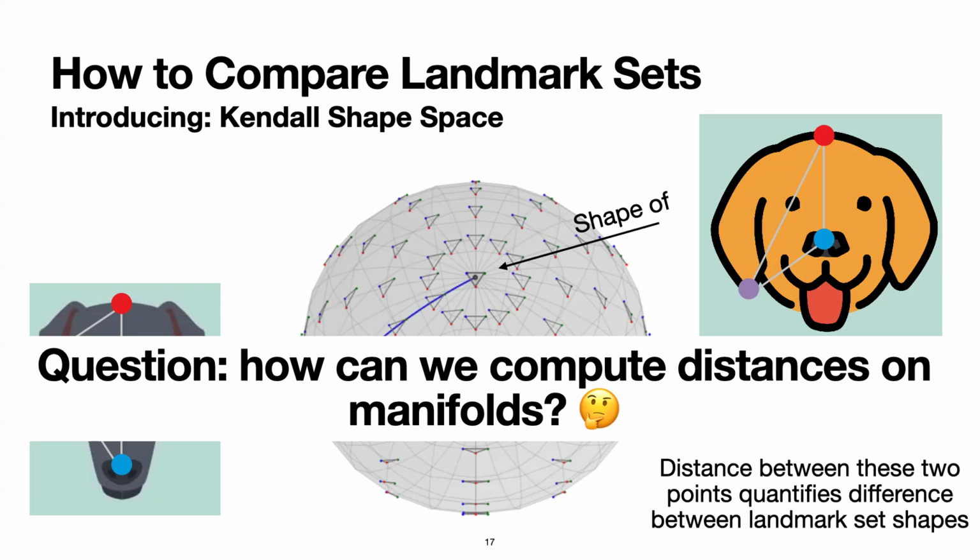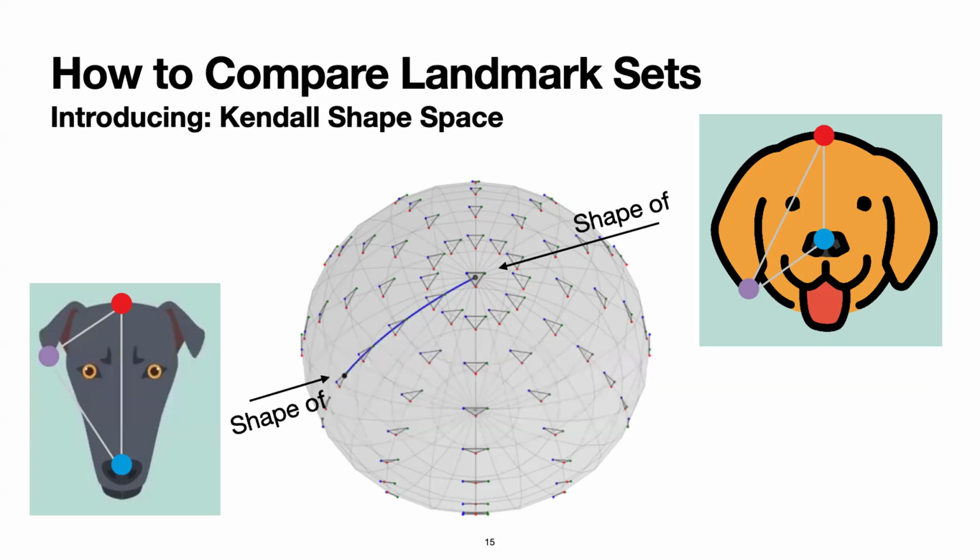First, I'll say that this is not actually a 2D sphere. It's higher dimensional. Let me give you some intuition about why it's a high dimensional sphere. This is specifically the manifold for 2D landmark sets with 3 points. And the reason that it's a sphere is because of the scaling thing I talked about.